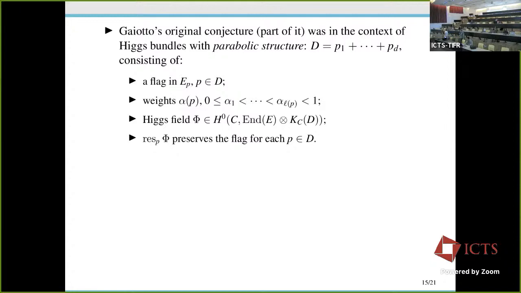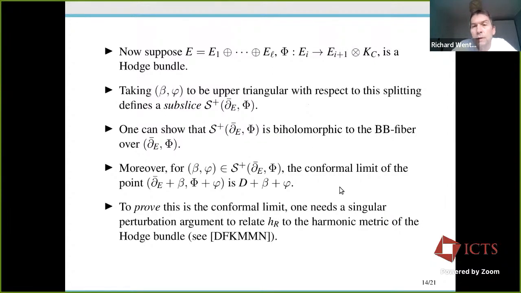Can you remind me what the BB fibration is? Yeah. So this is more general. The moduli space of Higgs bundles is a quasi-projective variety. There's a C-star action and the limits as lambda goes to 0 always exist. In that context, you have a natural stratification, a holomorphic stratification of the moduli space.